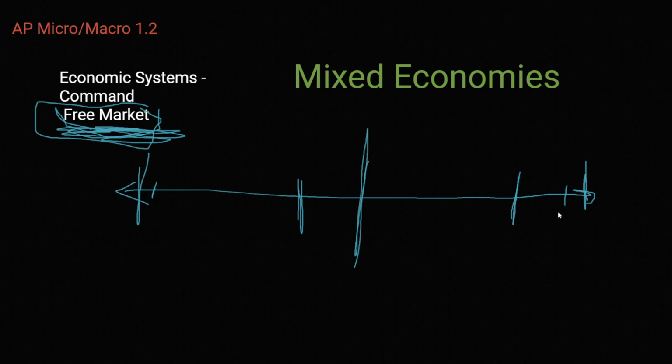That we're doing over here, maybe not at an extreme level. The idea of mixed economies: maybe some free market, but a bit of government intervention, or the exact opposite, mostly government intervention, but a bit of free market.